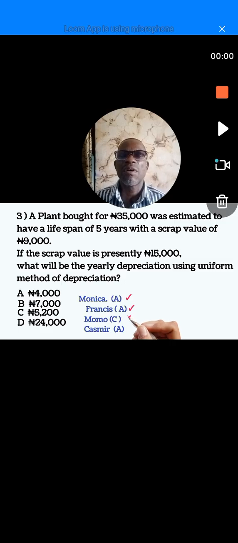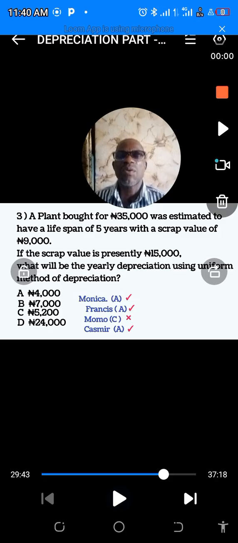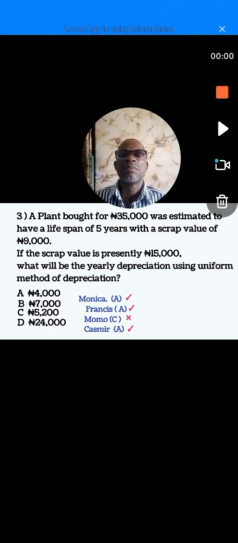Now let us take a critical look at the question. In this question, the plant is estimated to have a lifespan of 5 years with a scrap value of 9,000. And they say if the scrap value is presently 15,000, that is where the confusion is.